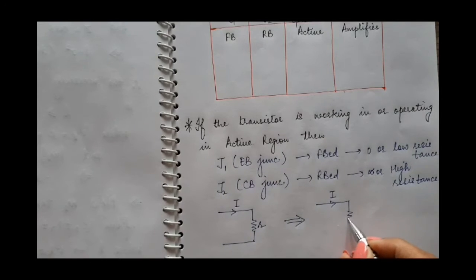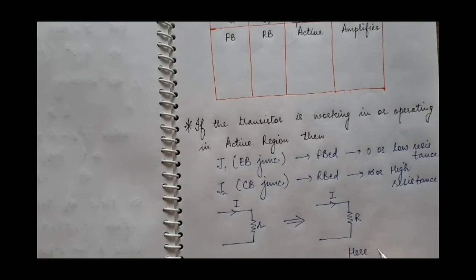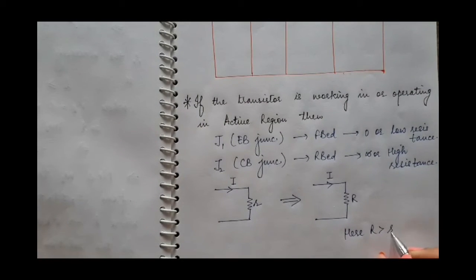The junction J2, as it is reverse biased, will offer high resistance, and suppose that high resistance is capital R. Here capital R is greater than small r. I is the same.